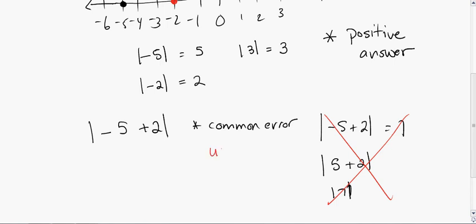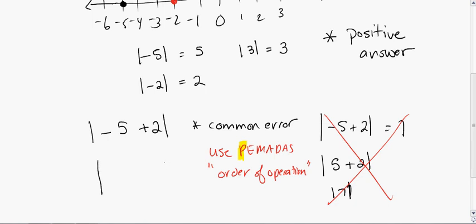It's wrong because it's important to use order of operation. So use PEMDAS, order of operation. And absolute value falls under parentheses. So you want to do everything that's inside the absolute value bars first, and then find the absolute value of the one number you have left. So let's do this correctly.